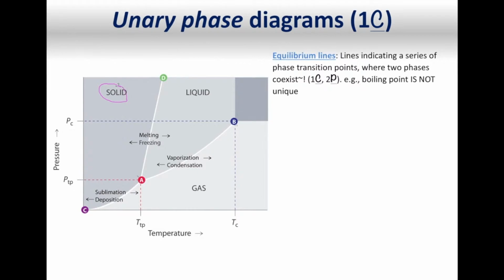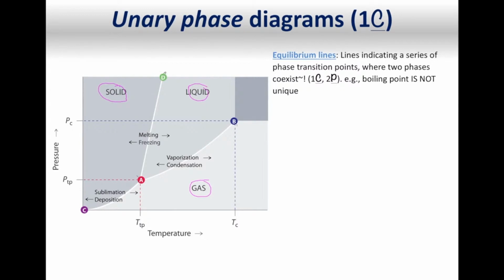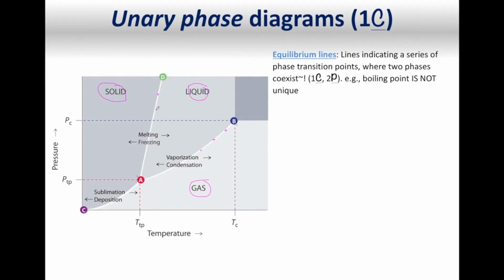We already discussed that there are certain regions that have these solid, liquid, and gas phases. But the separation between those regions is given by these lines that we see here in white. Each of these lines separates two phases, meaning that on these lines there is coexistence of two different phases, depending on what phases you have at each side of the line.